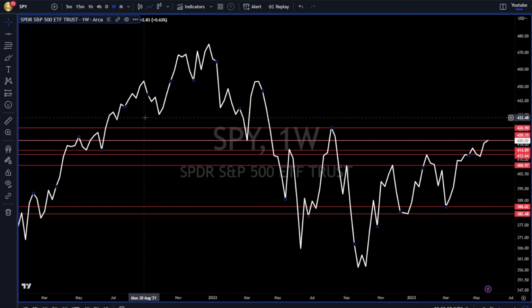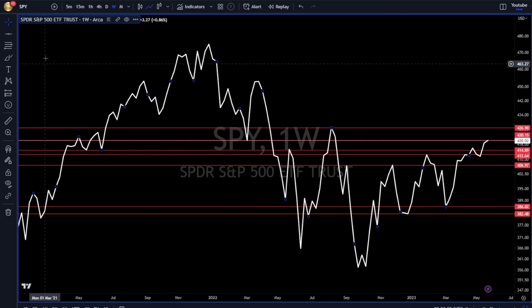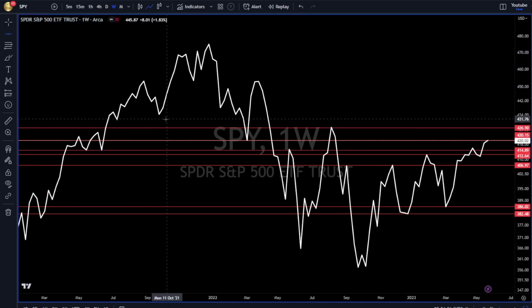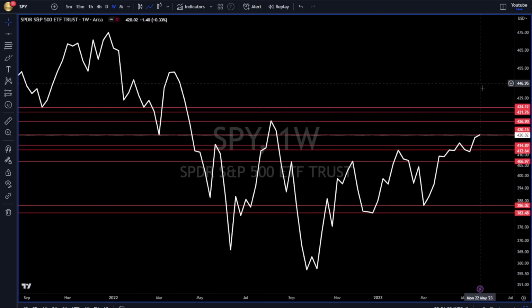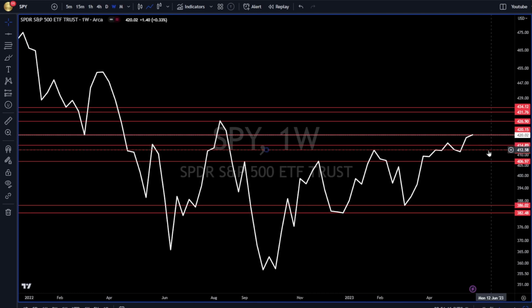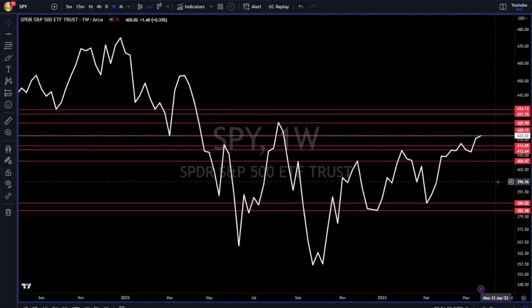All this area, the 430, 434. We can draw a line to help us identify the next potential support and resistance. Failing to break up and above, failing continuation, look to the downside: 414, 412, 407.